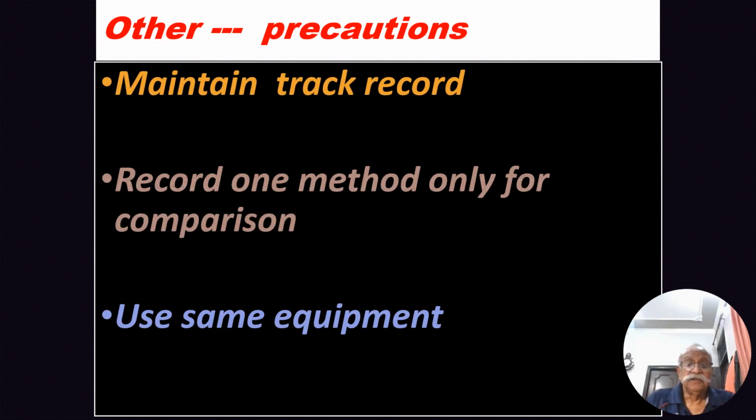Other precaution: maintain a track record. Record one method only for comparison. I have already told you, either it should be GST mode or GSTG mode, because you cannot compare with different methods. And equipment, as far as possible, should also be the same.